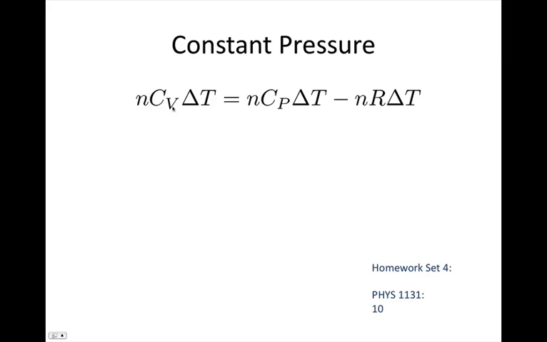And so we have nCV delta T is equal to nCP delta T minus nR delta T. All our n's and our delta T's will cancel off, giving us CP minus CV is equal to R, or CV is equal to CP minus R.